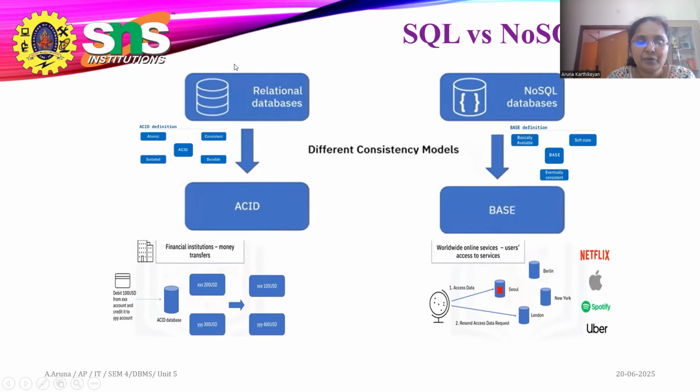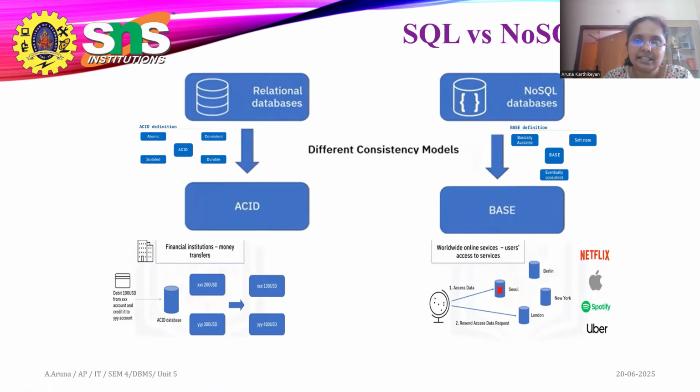NoSQL can be used by worldwide users for services and e-commerce applications, such as Netflix, Spotify, and Uber. In these, the NoSQL database is used. Based on the input we give, it creates a structure on its own. That is why it is called NoSQL.